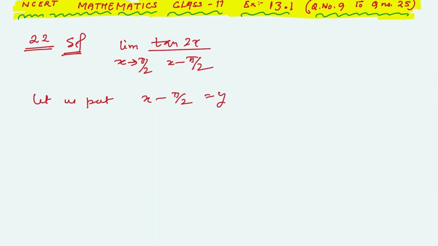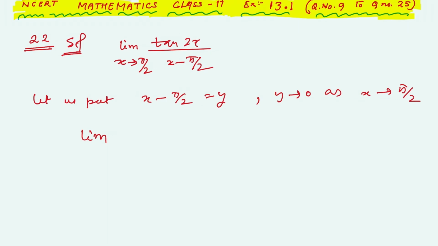Then you see here y tends to 0 as x tends to pi by 2. If you replace x by pi by 2, then y will be equal to 0. That's why we can write y tends to 0 as x tends to pi by 2. So in this case, we can write the limit as tan twice x.